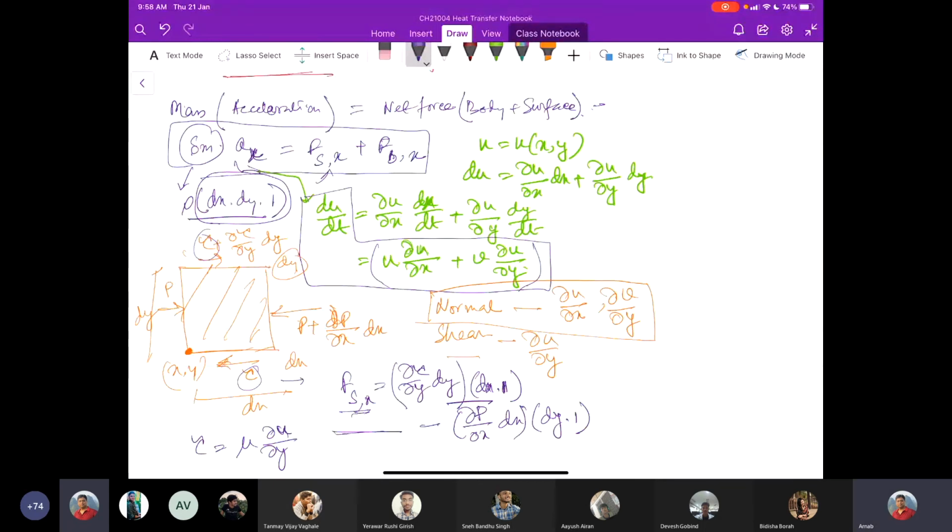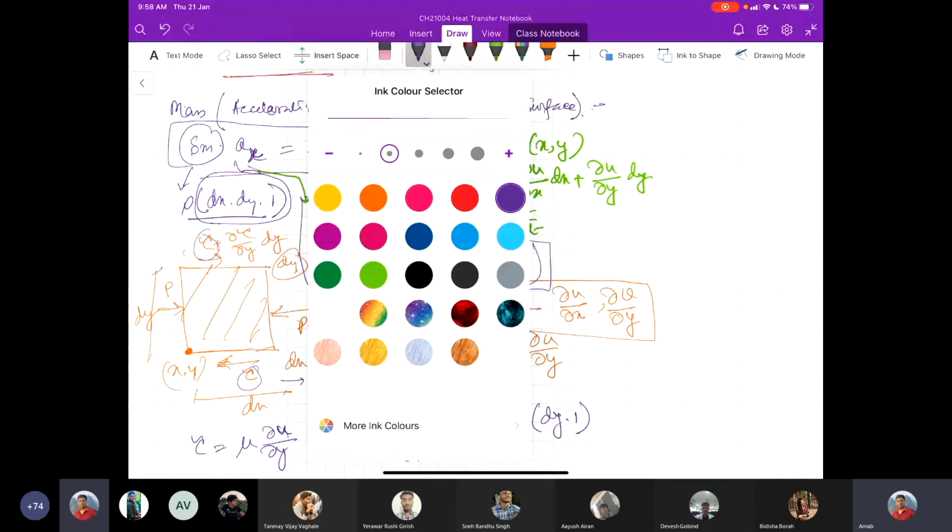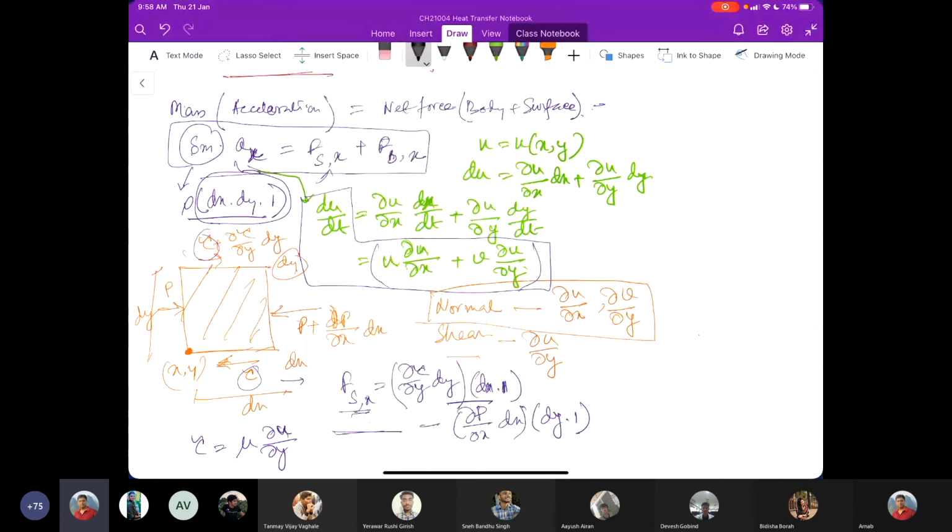So the form that we get after replacing everything there, we have rho coming from delta m multiplied by u del u by del x plus v del u by del y, is equal to, we replace tau here, del tau by del y.